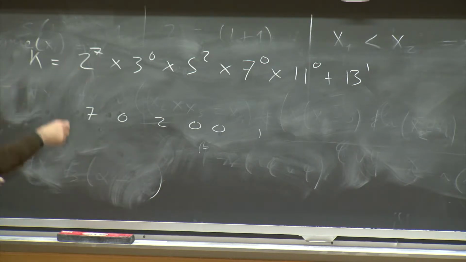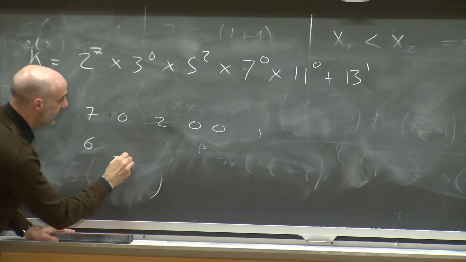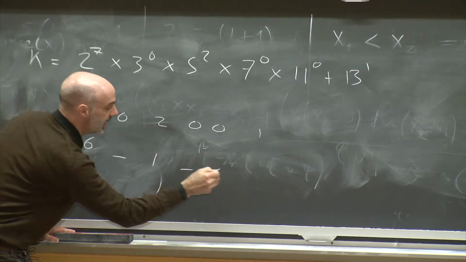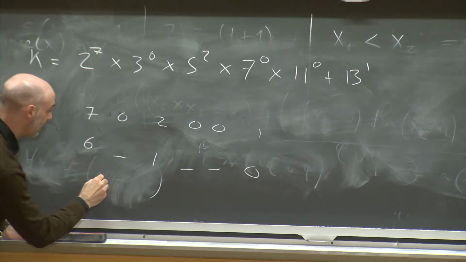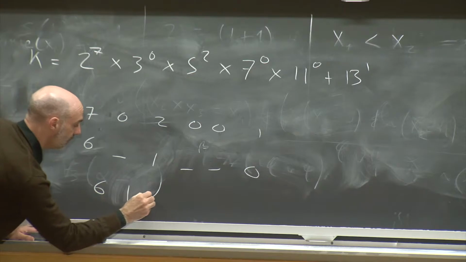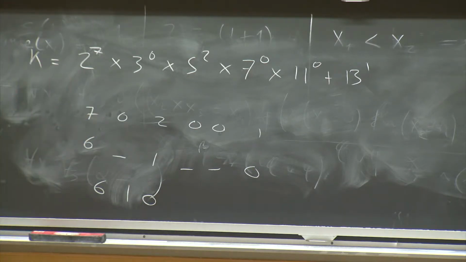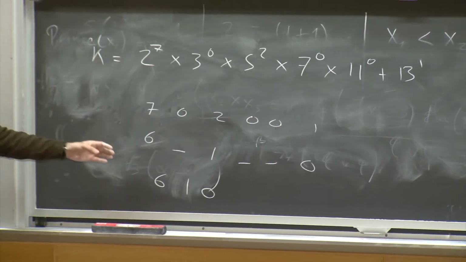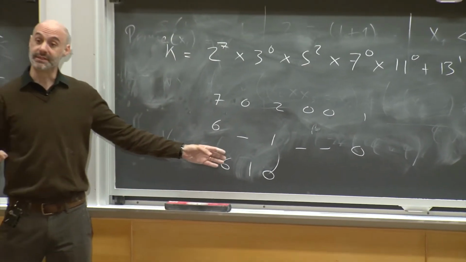So you can think of that k as coding 6, and then nothing, and then 1, and then nothing, and then nothing, and then 0. Or, in other words, coding 6, 1, 0. So I gave you an arbitrary number k, and you used it to produce a sequence of numbers.